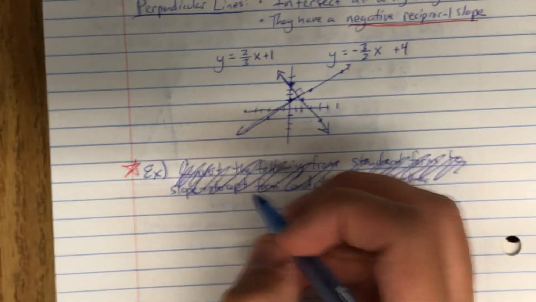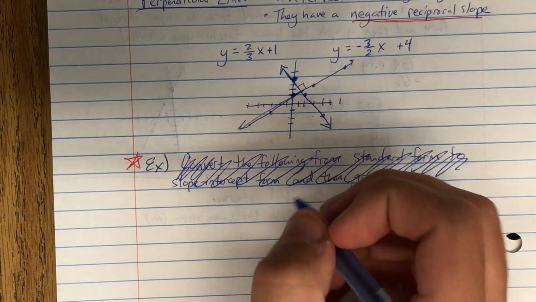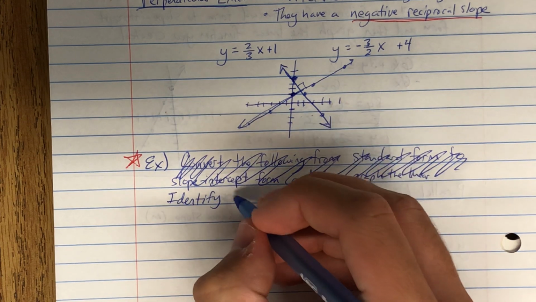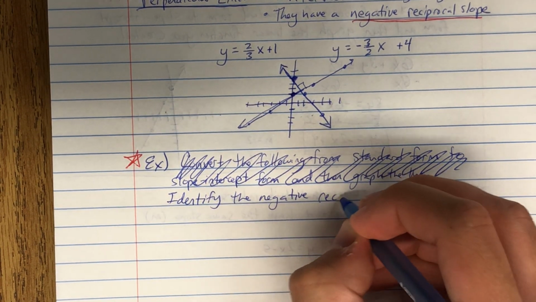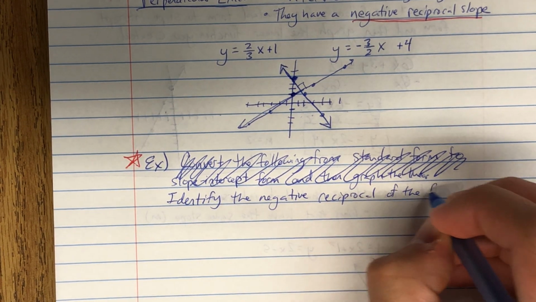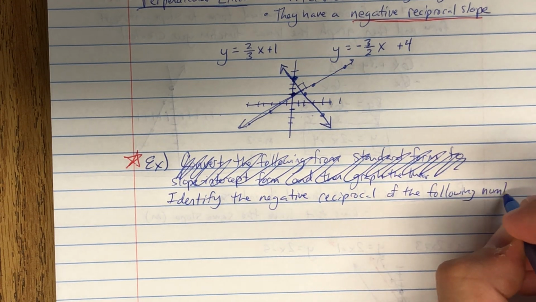Okay, so we'll continue with perpendicular lines. Let's start here by just identifying the negative reciprocal of the following numbers.